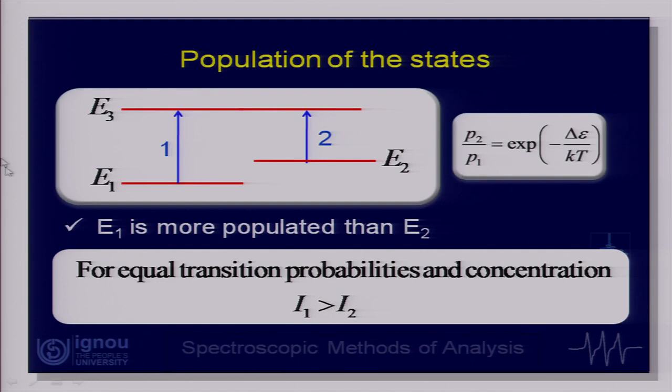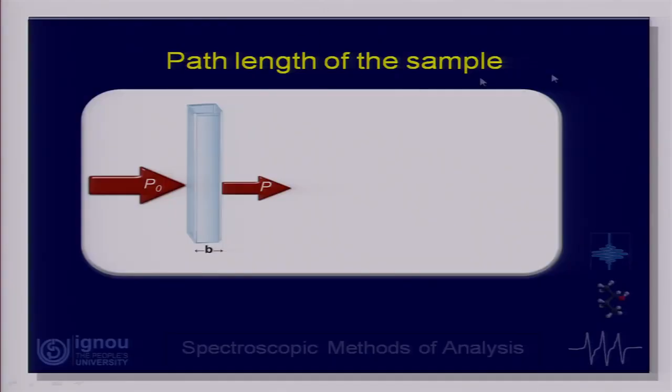That is why the intensity will be more for this transition than this one, provided the 2 have the same transition probability. That means we assume that both are allowed to an equal extent. So, population matters in that sense. Any level which has a higher population, the transition originating from that will have higher intensity. That is the crux of it. Okay. Let us move further and talk about the third parameter here, what is called the path length.